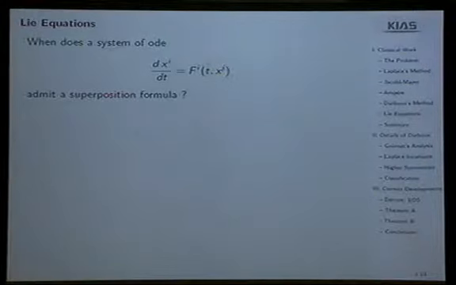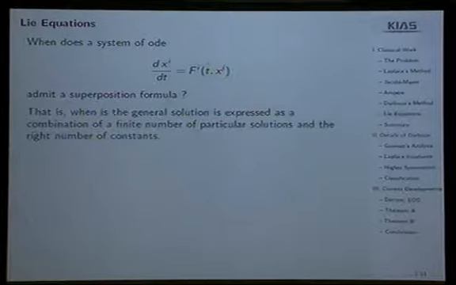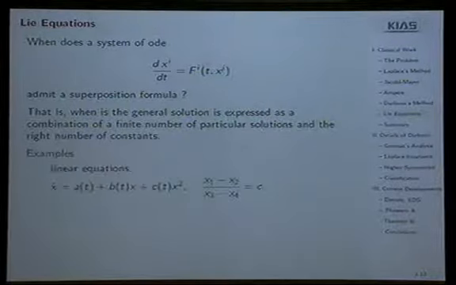And so we would call that a linear superposition formula. And quite remarkably, there are nonlinear superposition formulas. That is to say, there are examples of first-order ODE for which the general solution can be expressed as a combination of a finite number of particular solutions with the right number of constants.